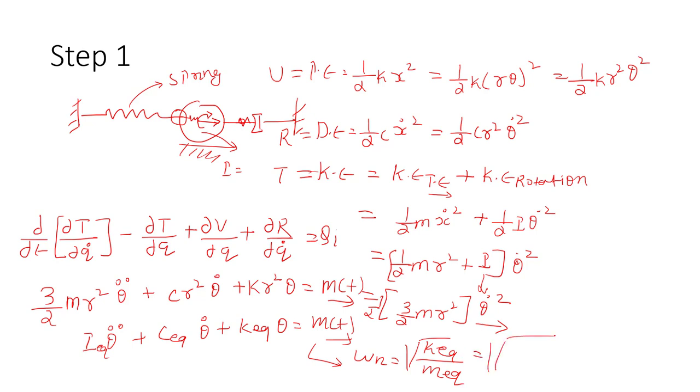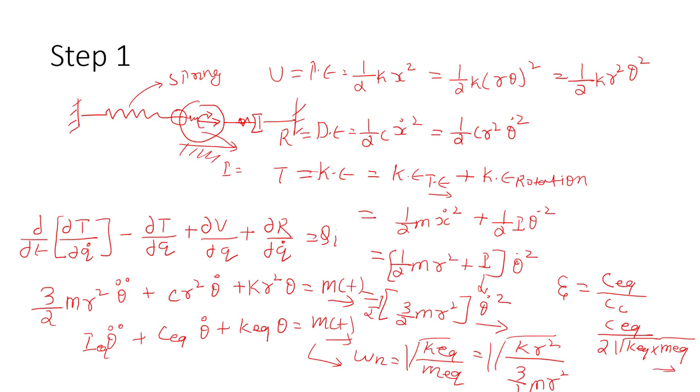For that we can directly write K equivalent is k r square, and M equivalent is 3 by 2 m r square. And for the damping factor, similarly, you can write C equivalent by Cc, which is equal to C equivalent by 2 root of K equivalent into M equivalent. In this case it will not be M equivalent, it will be I equivalent, and here it will also be I equivalent.